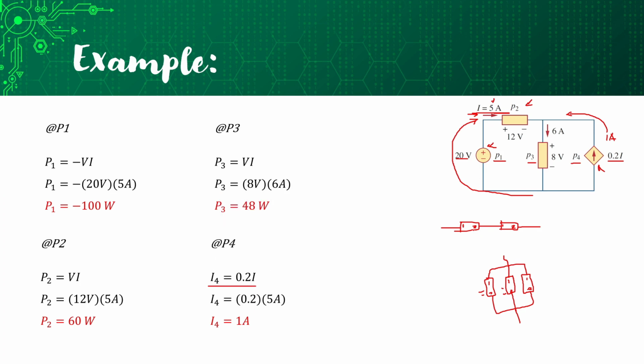What that means is, for example, if a current is flowing in that direction, we're going to put 10 amps. Therefore, 10 amps is experienced by this resistor and 10 amps here, because the current is the same.